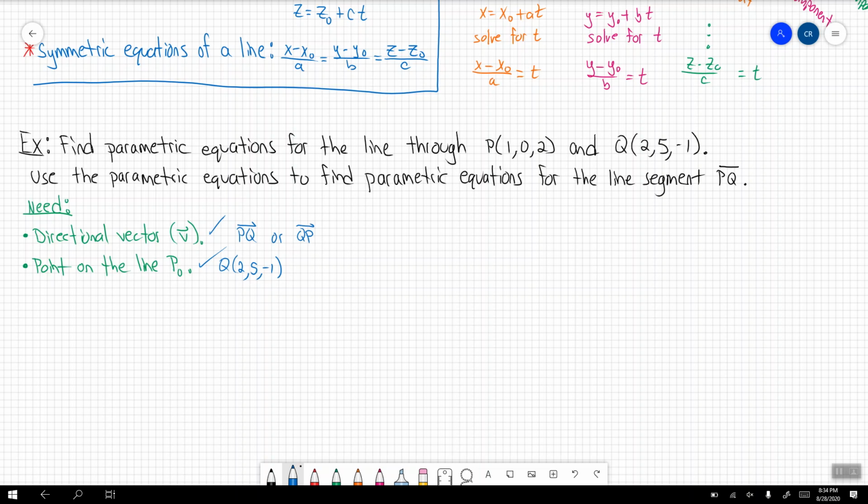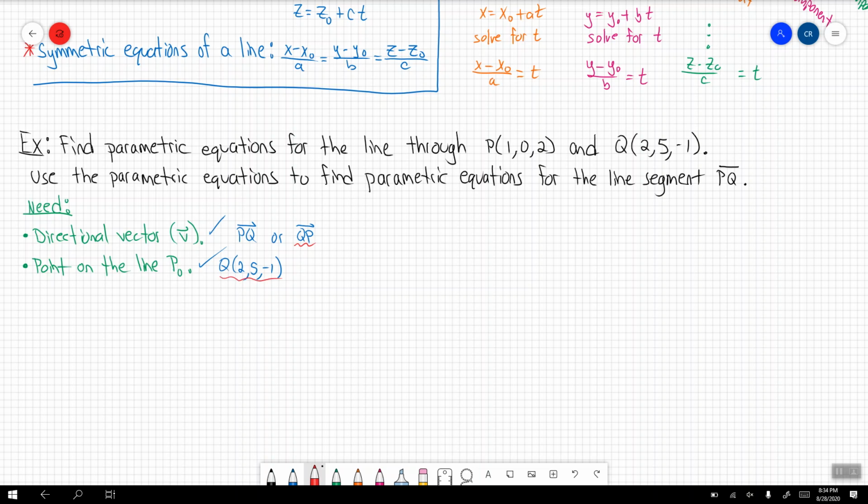And again, it does not matter. If we were in class, I would ask you all, do you want to work with vector PQ or vector QP? And somebody would probably say, I want to work with vector QP. Awesome, great.